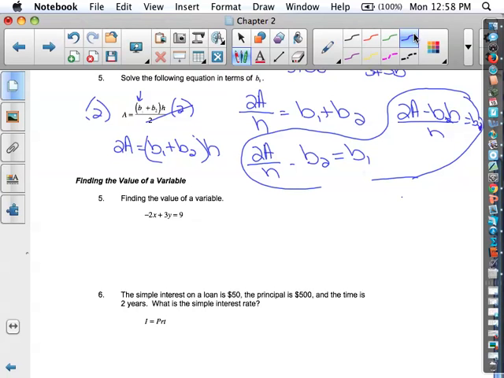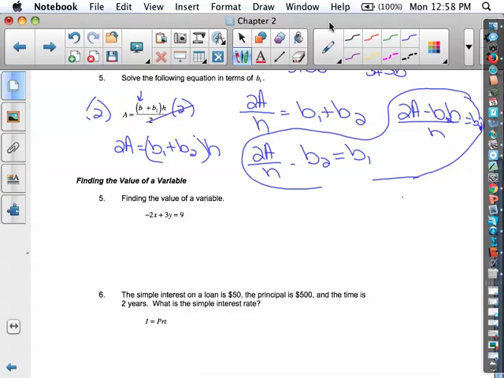Okay, when we look at the next part of the section, it's finding the value of a variable. And all we're going to do here is let x equal something and then find the value of y.